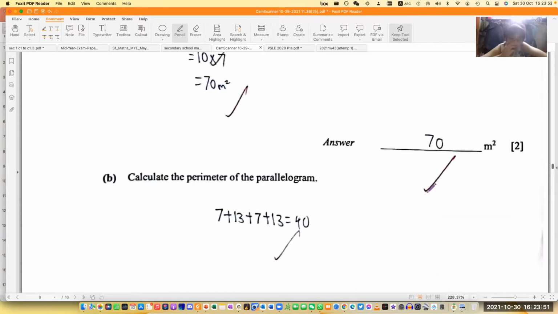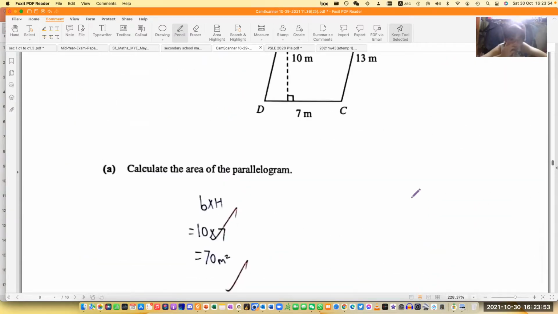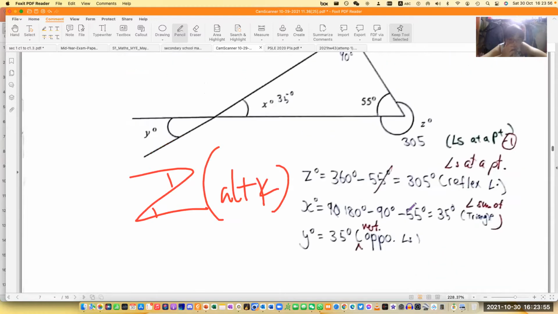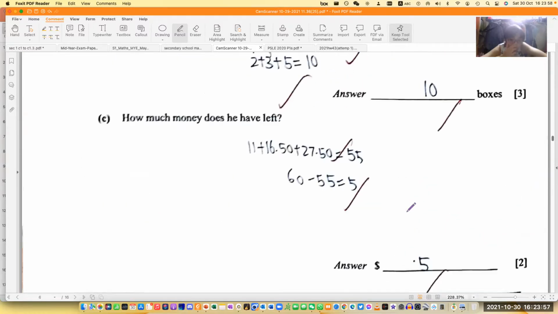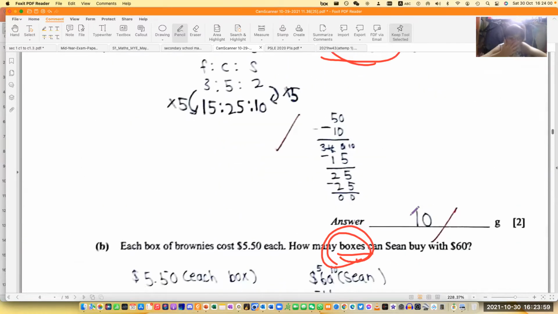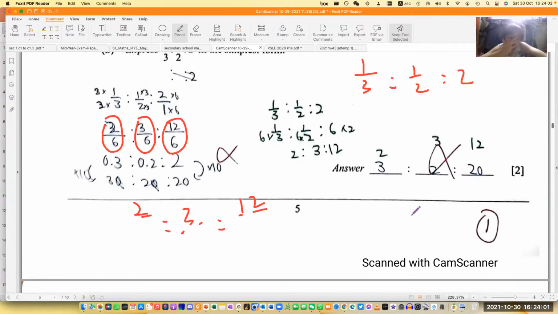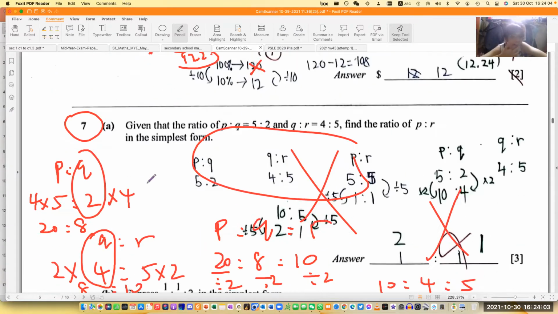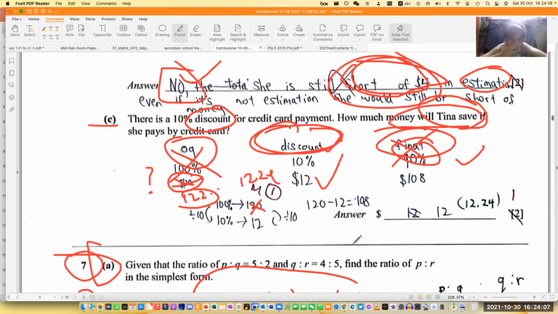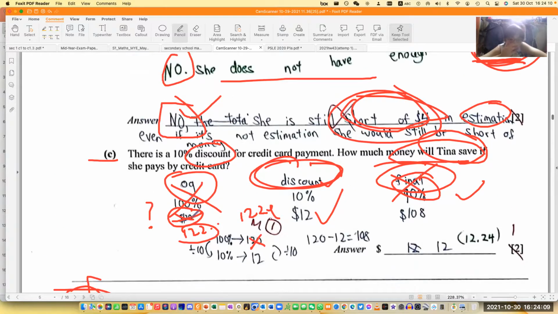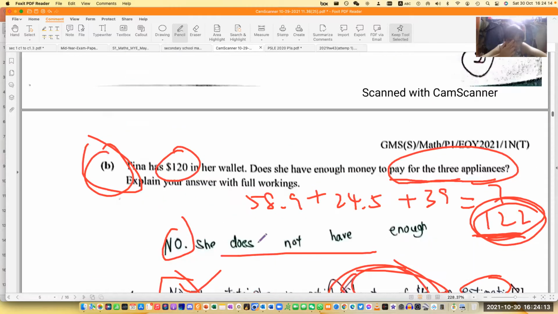By the way, paper 2, you're allowed to use a calculator. So no excuse. Paper 1, 2 marks gone because of never reading the question. This ratio one, it's okay. If you get it wrong, it's okay. But this one, I don't know why you go and round.